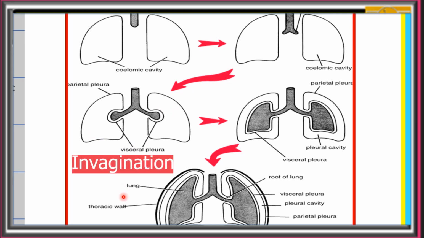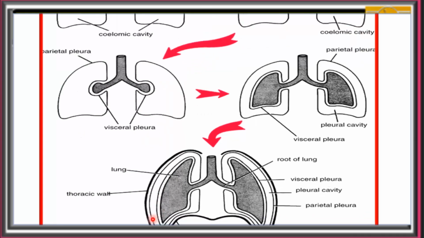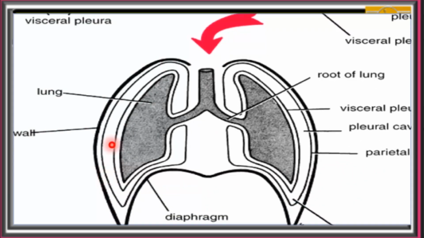This will now convert our single layer here to the double layer we are having here. So the outer layer we are having here will be called the parietal layer, and the inner layer we are having here will be called the visceral layer.